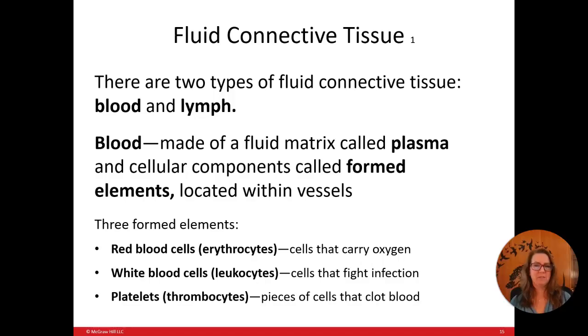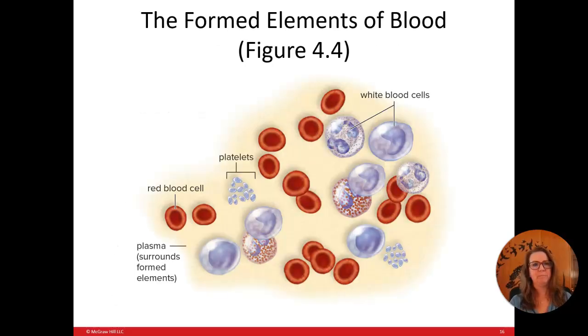So white blood cells for immunity, red blood cells to have that hemoglobin and carry oxygen, and lastly, the platelets are what we call the thrombocytes, which are little pieces of cells that are going to clot the blood. So erythrocyte is a red blood cell, leukocyte, white blood cell, and then thrombocyte, also known as the platelet. So here we can see a figure of that. You can pause and study if you want.